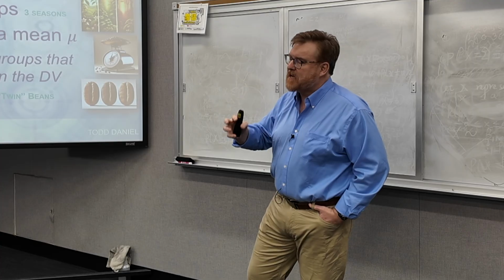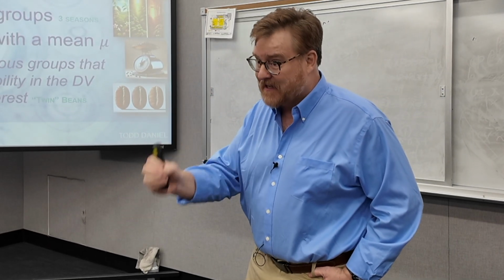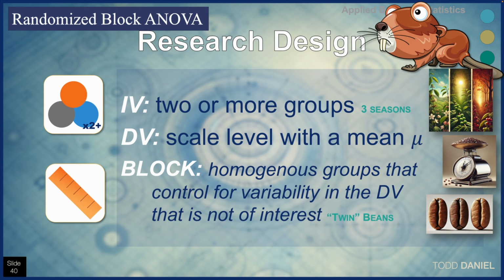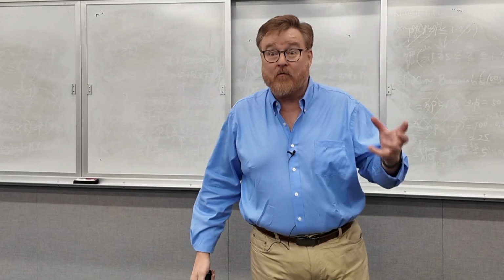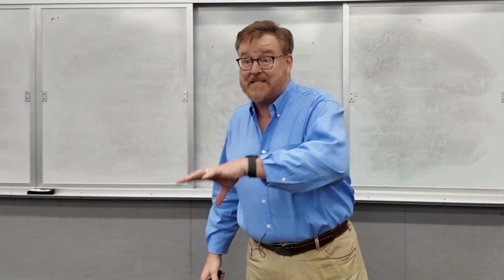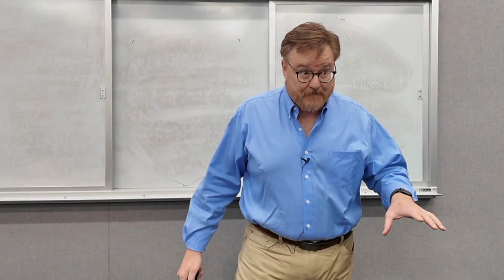This additional measure of variability that we're going to control for, remember, analysis of variance. Blocks, homogeneous groups, they're all the same kind. The control for variability in the dependent variable, the amount of yield, and that variability is not of interest. We're not interested in the differences between the twins. We're interested in the overall effect of when is the best time to plant our beans in the season.